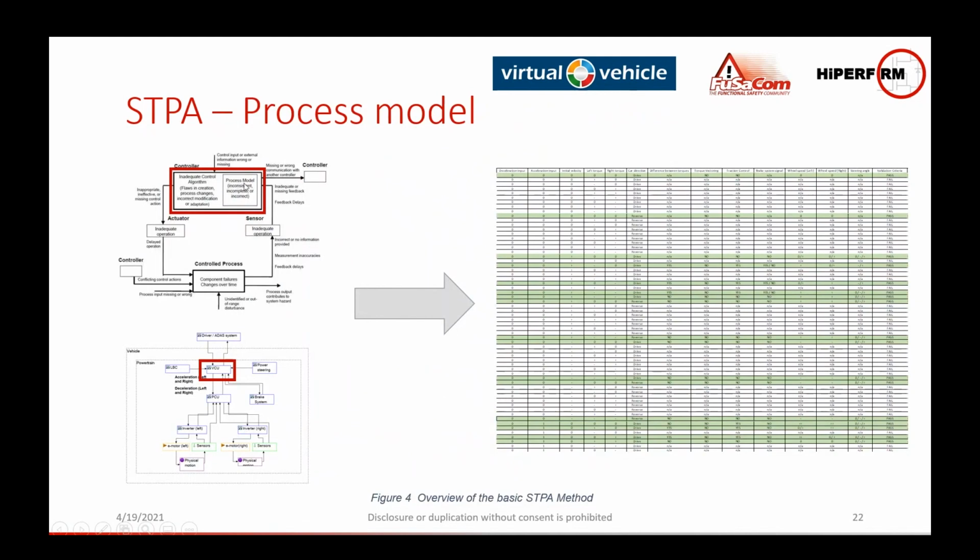Here we really want to analyze this process model and what could happen if there's an inadequate control algorithm. In this process model, we try to figure out the different characteristics that we could have for the different inputs that the powertrain is managing, and at the end to control which are the allowed ones, the not allowed ones, and so on.